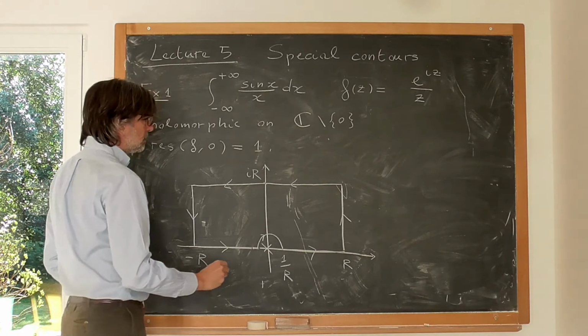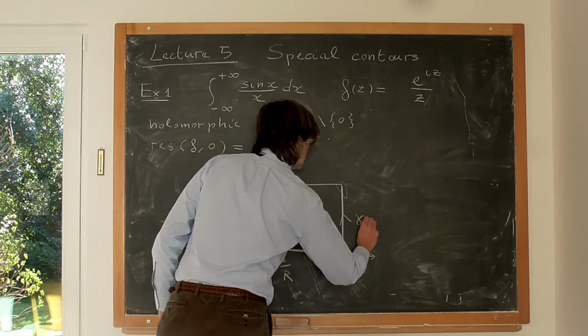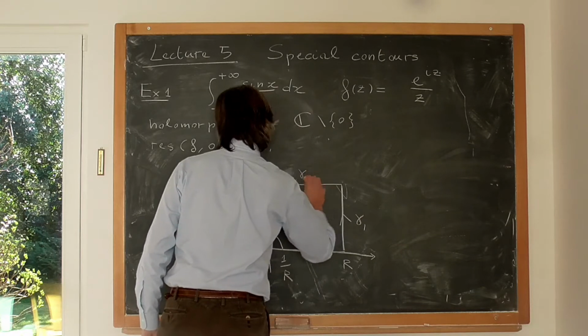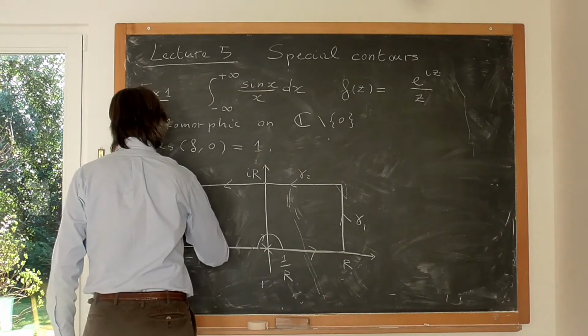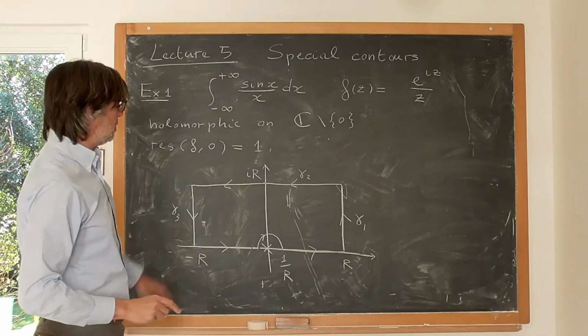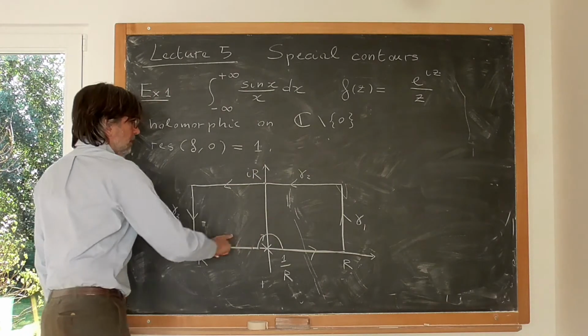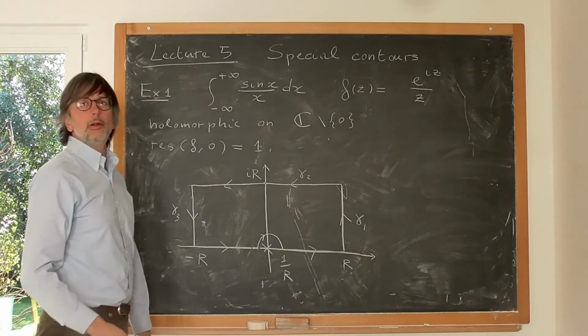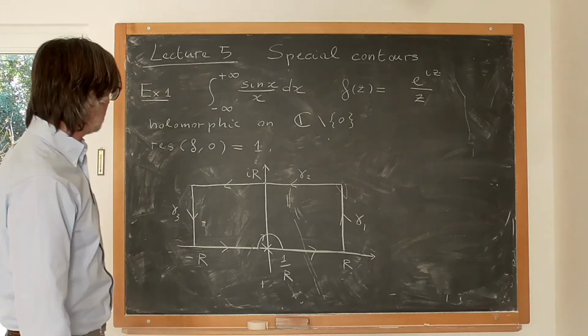Okay, and let's call gamma 1, gamma 2, and gamma 3 these pieces, and then we will use some other notation to denote the other pieces of this contour.